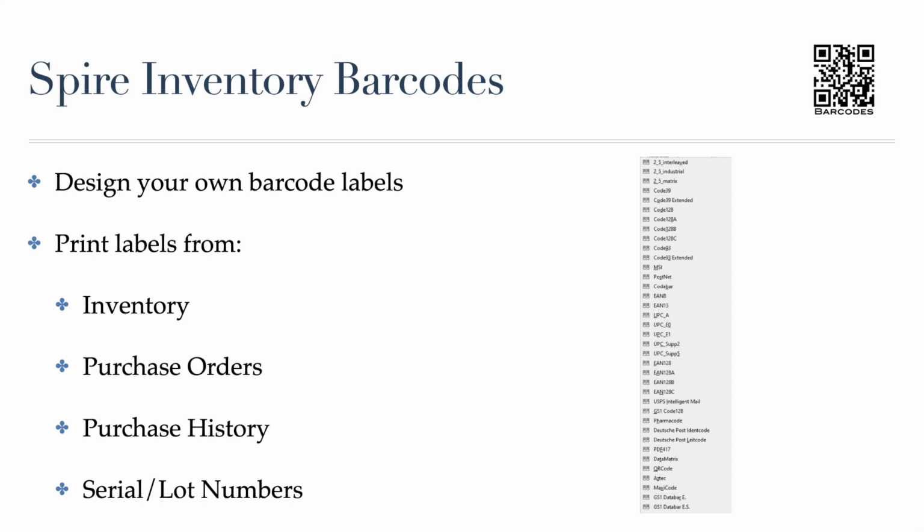Default printing is top left, but an alternate position can be chosen. And the included, easy-to-use report designer allows you to drag and drop label items, creating your own design. Barcodes can be either the Spire inventory part number or one of the barcodes associated with that part number in the UPC codes table. Available barcode types are listed on the right-hand side of my screen.